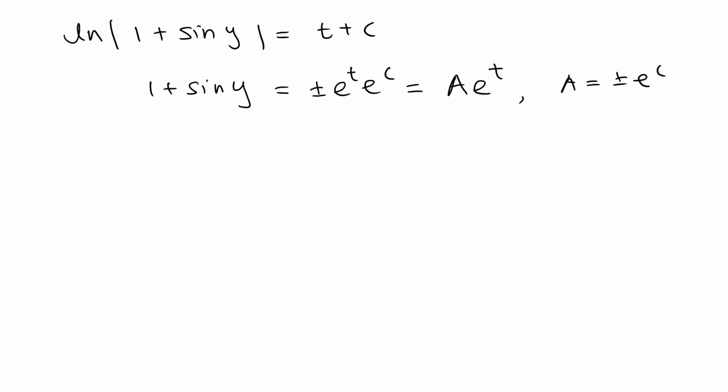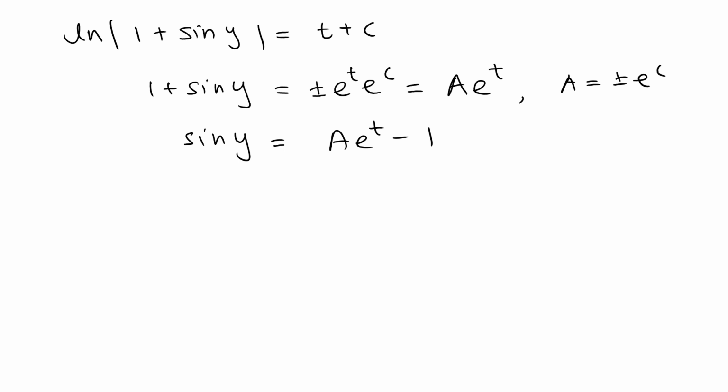Okay, now we can solve for y. So sine y equals A e to the t minus 1. That is the implicit form of the solution. So this is the implicit solution of y.